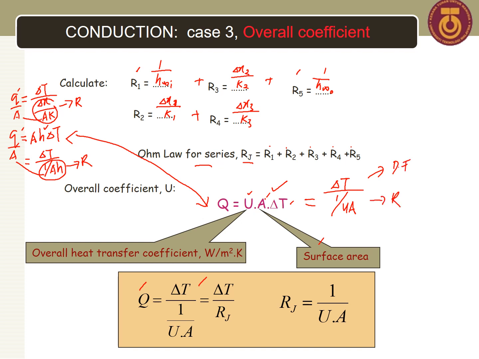And because of that, R equals 1 over UA. So this is the relationship, sometimes you need to relate U with R. This is the relationship between the overall coefficient and the Rj.